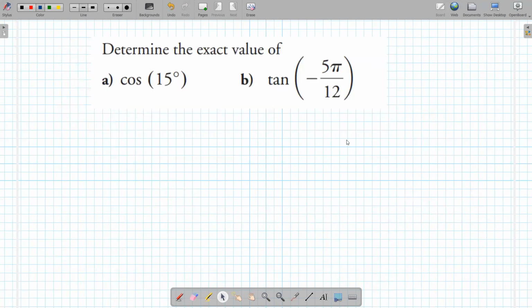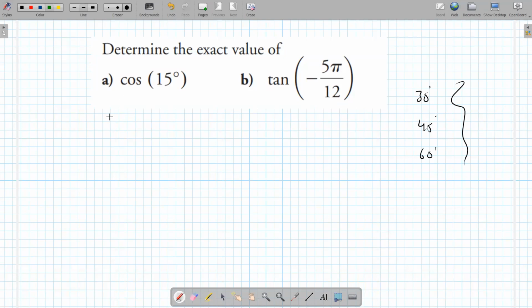Now we have 30. We know the exact values of 30, 45, and 60. We can get these using the special triangles, right? How can we write 15 in terms of these guys? Using two of those, right? 30, 45, and 60, we can write 15.